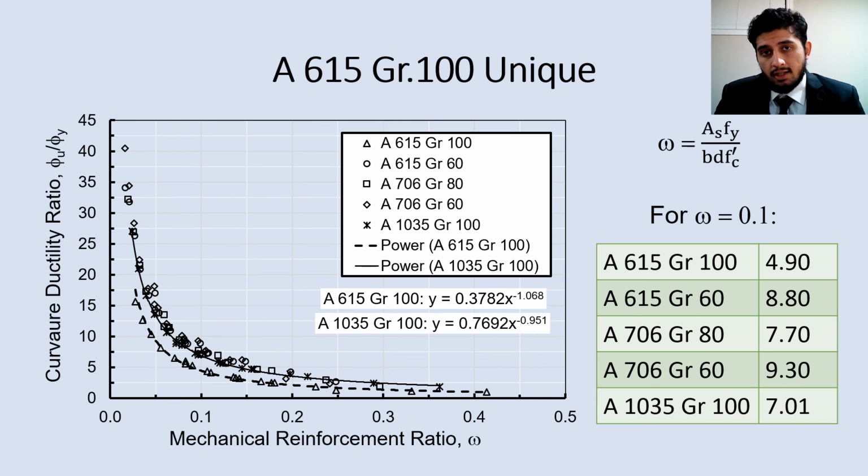The other three reinforcements, the A615 grade 60, A706 grade 80, and A1035 grade 100, have fairly close curvature ductilities between 7 and 8.8.